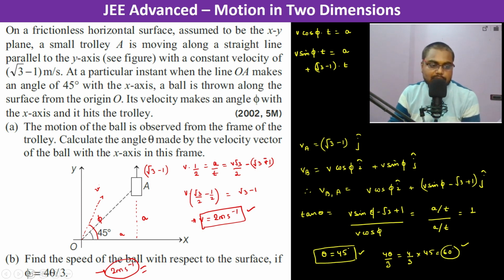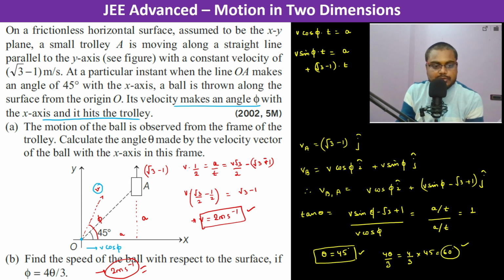We'll again recapitulate how we derived the equations. Its velocity makes an angle phi with the x-axis and it hits the trolley. So if you see, this is v, and let us say it was fired at an angle phi. In this direction the component is v cos phi, and in this direction it's going to be v sin phi.